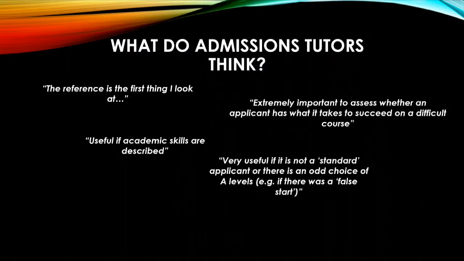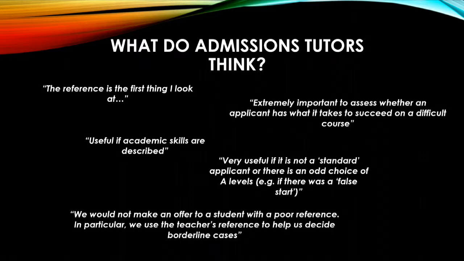And it can be incredibly useful or very useful if it's not a standard applicant or there's an odd choice of A-levels. For example, it might be if there was a false start by the student, they did 3 A-levels in year 12 that weren't right for them, so they perhaps repeated the year and changed their mind with a different combination. One academic in particular said we would not make an offer to a student with a poor reference.